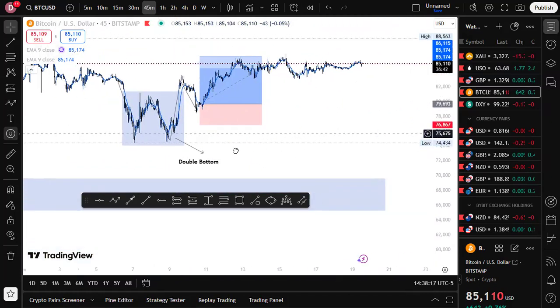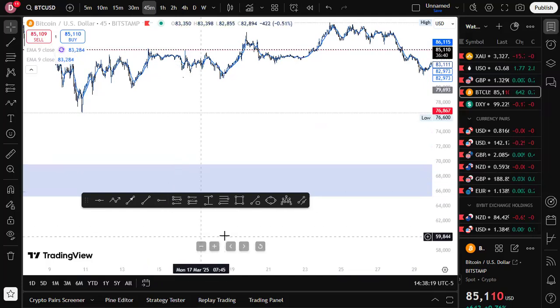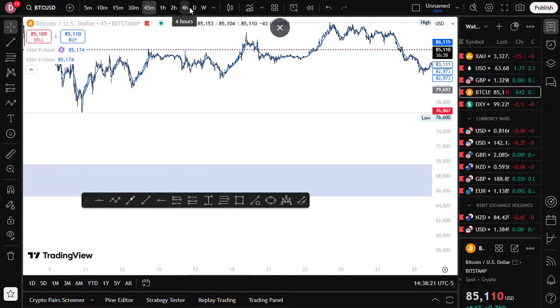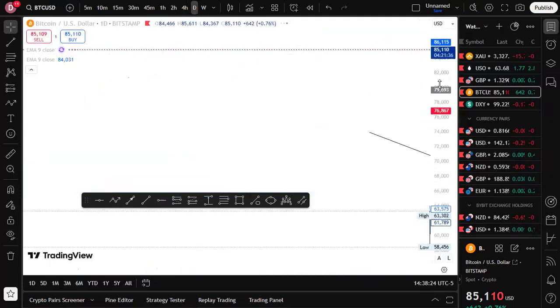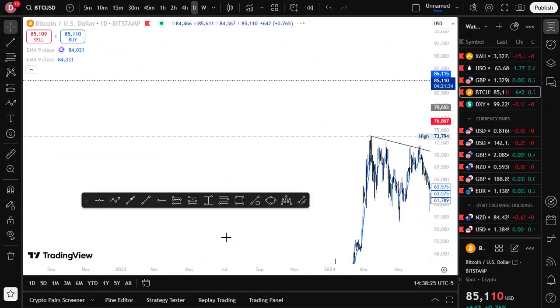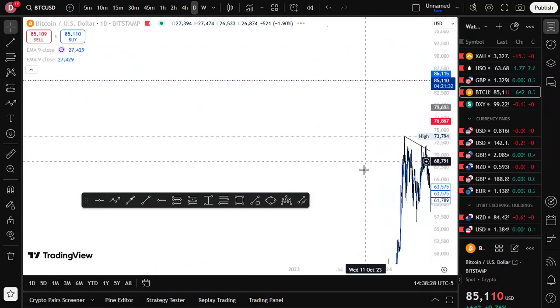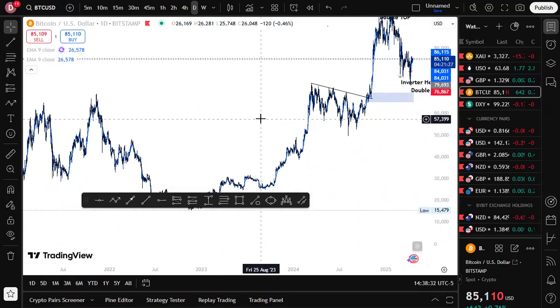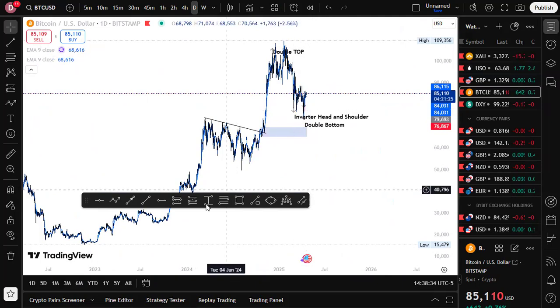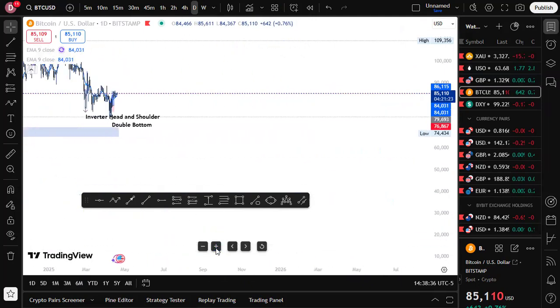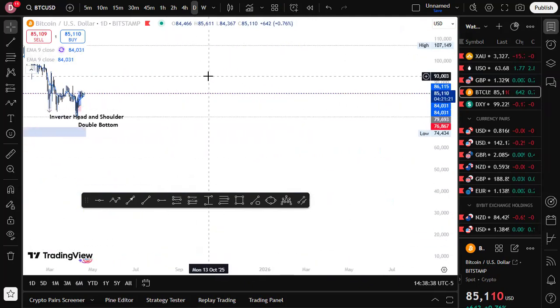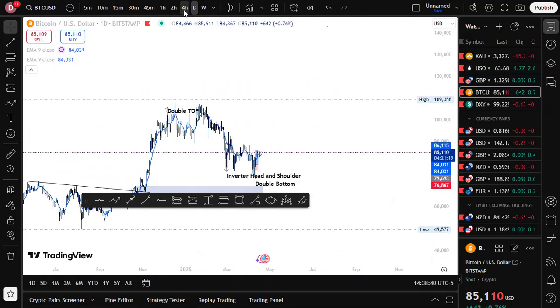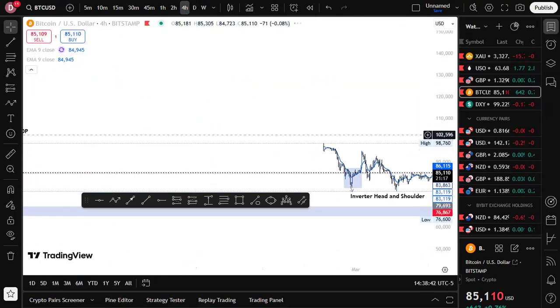So now I'm trying to look for a double top, right? Let's see if we can get a double top. Let's see if we can see an example of a double top. Okay, I think I was just seeing one. Okay, we have just 3 minutes to go.